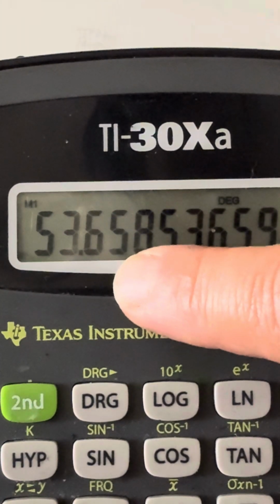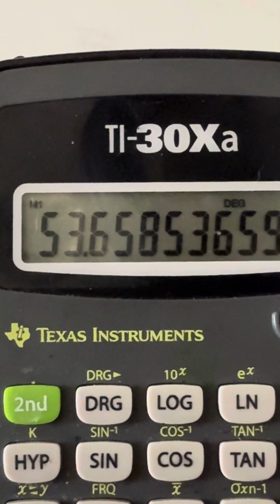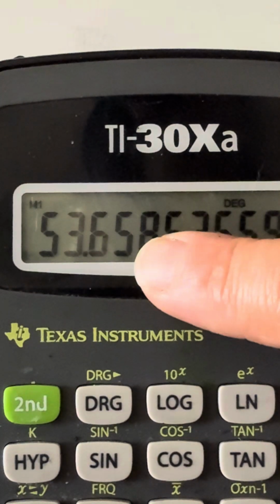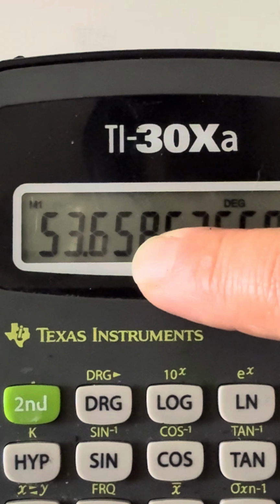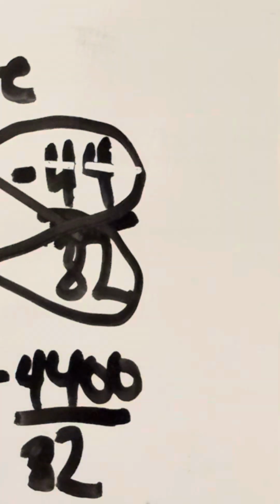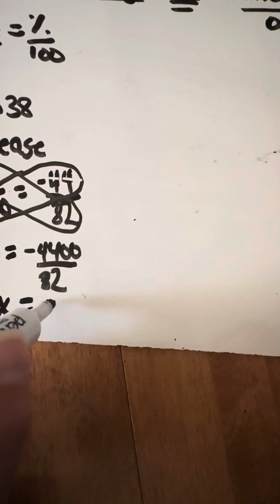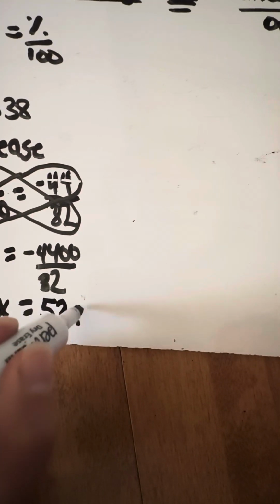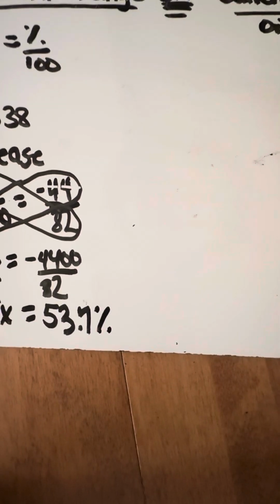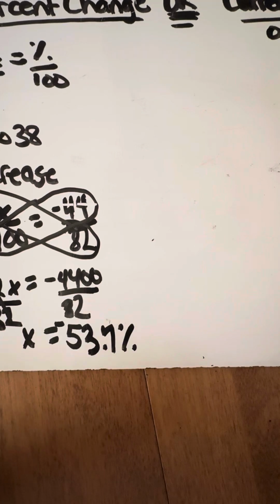So you take a look at that 6 and you decide whether you keep it a 6 or change it and make it a 7. Because there is a 5 in the hundredth spot, this does need to move up to a 7. So it's going to be 53.7. My answer is 53.7%, and it's going to be a decrease. If you put the negative there, you could put that as a negative. So that's one way to do it.